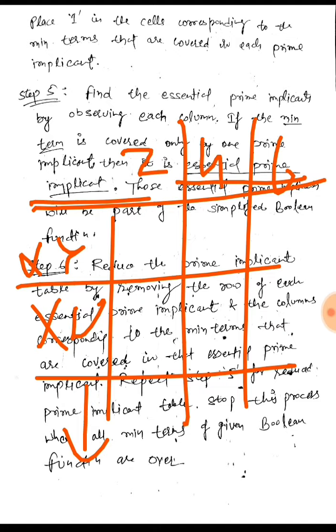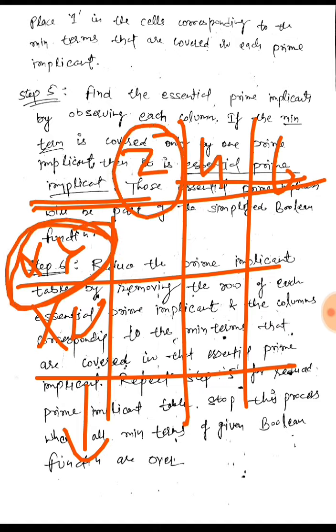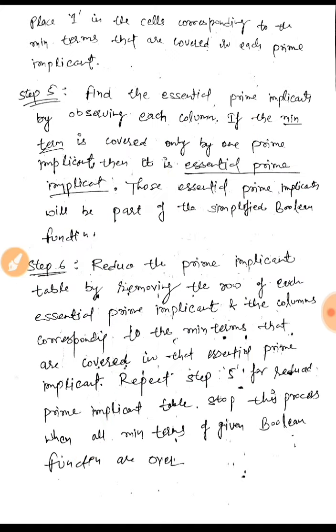So if some minterm is covered by only one prime implicant, then that implicant would be the essential prime implicant. Those essential prime implicants will be part of the simplified Boolean function. So the simplified Boolean function will consist of these essential prime implicants.